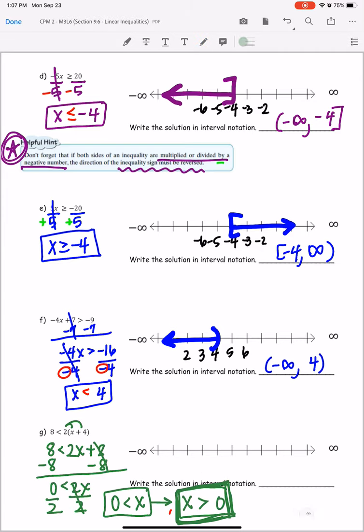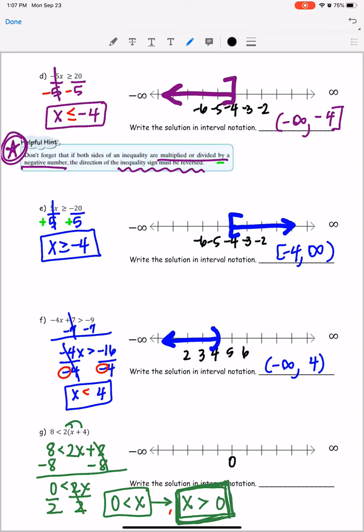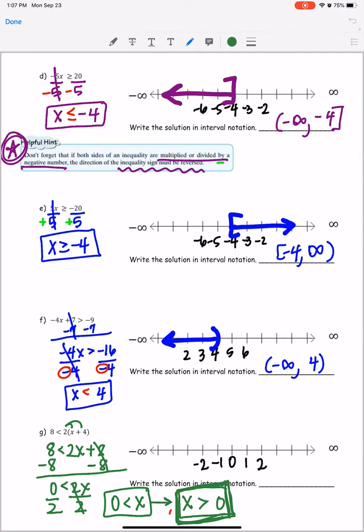So now when we graph this, we've got 0, 1, 2, -1, -2. Now my symbol is pointing this way to the right. So I'm going to the right.